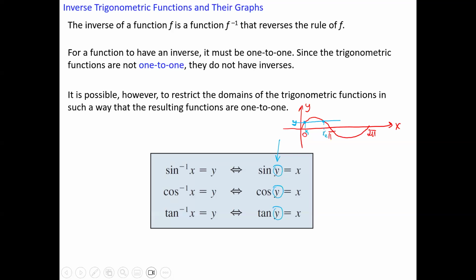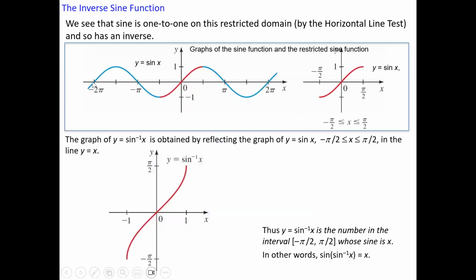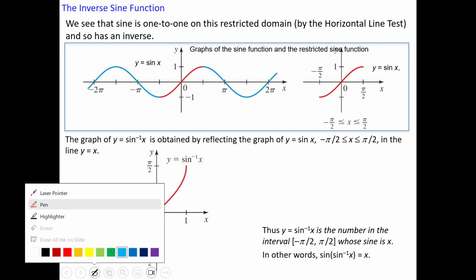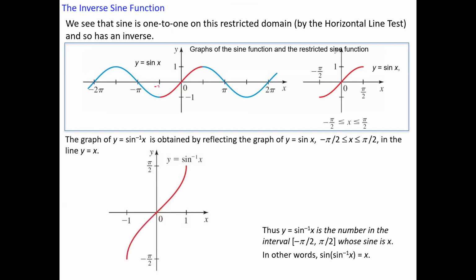Let's look at the sine. This is the graph of the sine curve. We know this. And what we will do is cut the domain. We will just take the part of the curve from negative pi over 2 to positive pi over 2, including the endpoints. So we can see we are only taking that part.